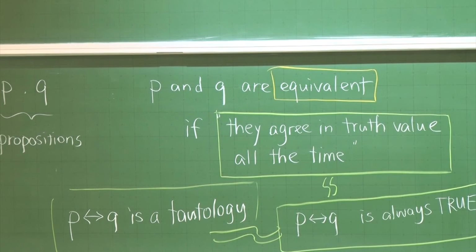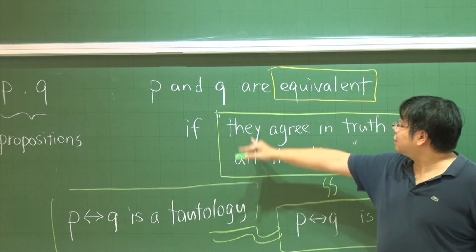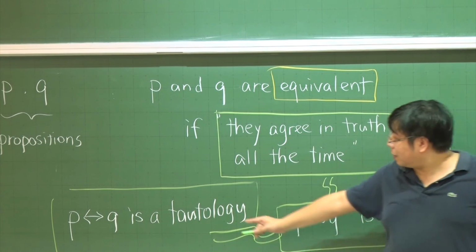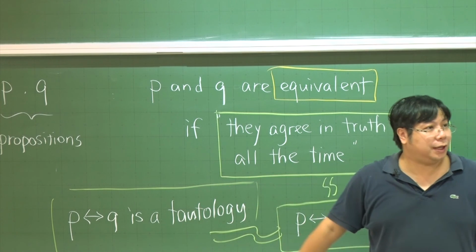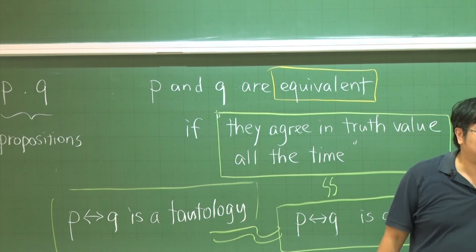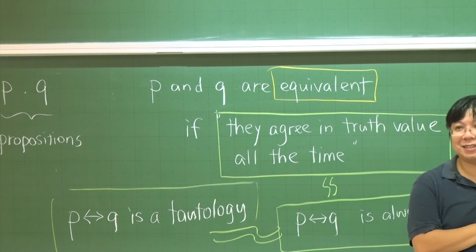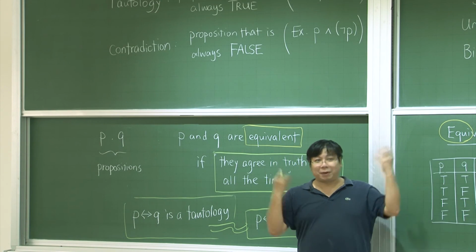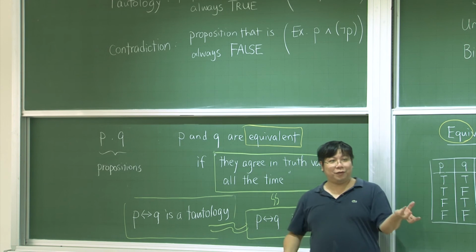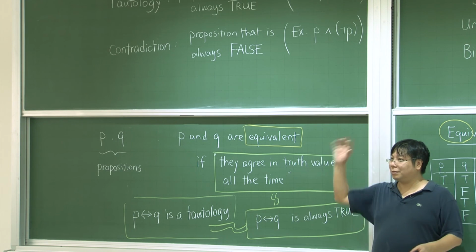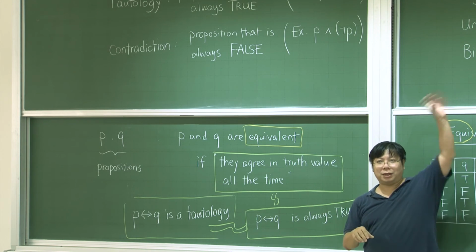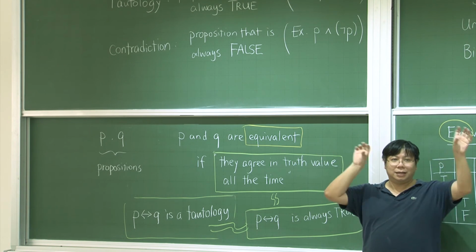In our textbook, when two propositions are equivalent, we define it as P if and only if Q is a tautology. But let me make this claim here in the class: what is most important is that you understand what is meant by equivalent. The equivalent case is when, no matter what happens, the left-hand side proposition and the right-hand side proposition agree in the truth value.